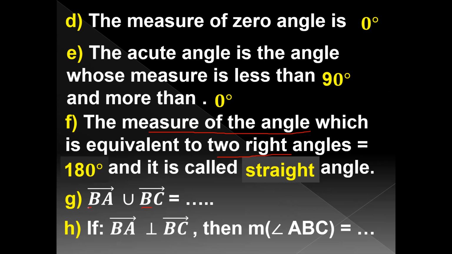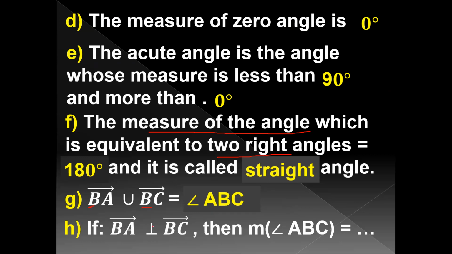As we say, the angle is a union between two rays with the same starting point. So this angle will be ABC, and we can also say CBA.